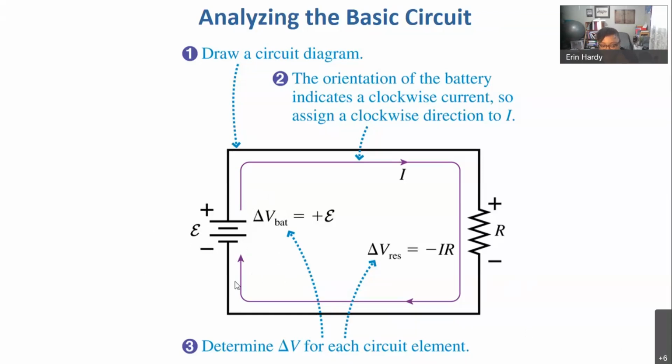But there's only one battery here. This battery is moving charge from its negative terminal to its positive terminal, and my circuit is such that this current would have to move through this loop clockwise.